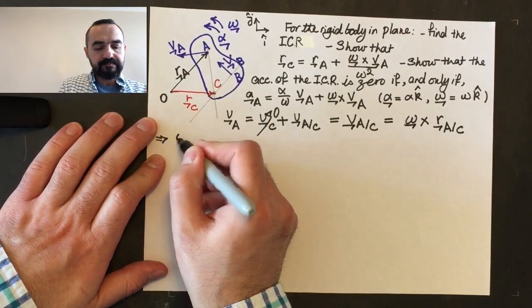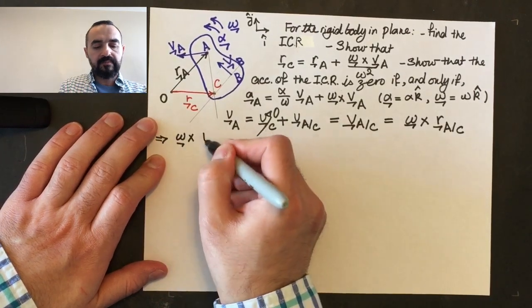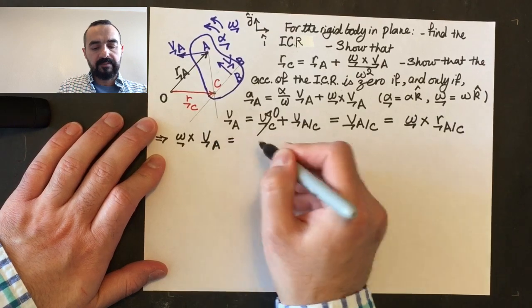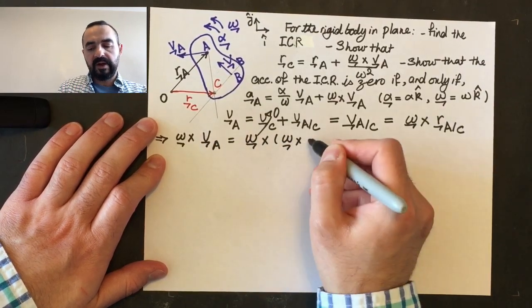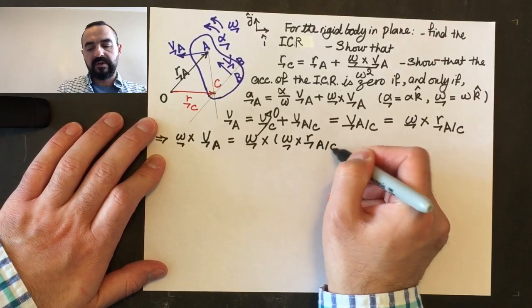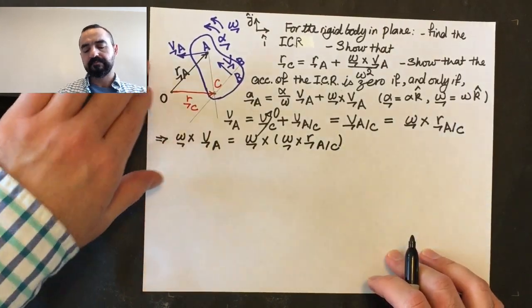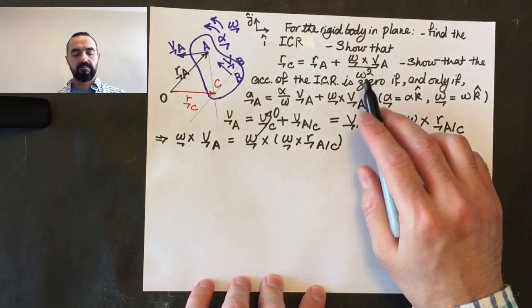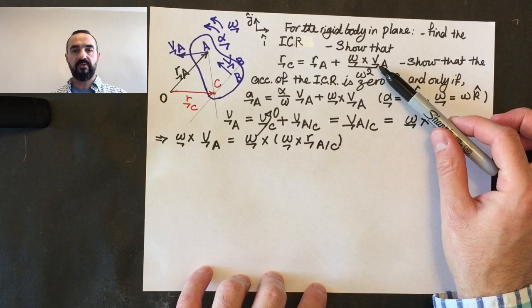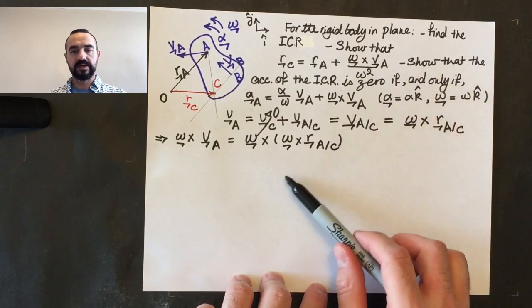So I have omega cross VA equals omega cross RA with respect to C. Right. So the left-hand side is one of the terms we are looking for, omega cross VA.